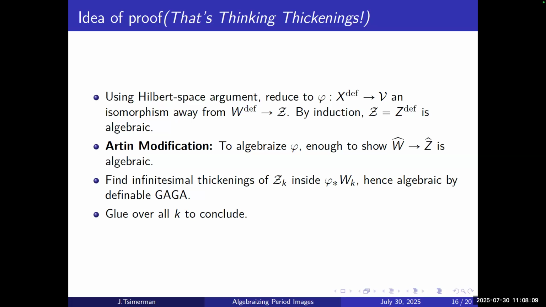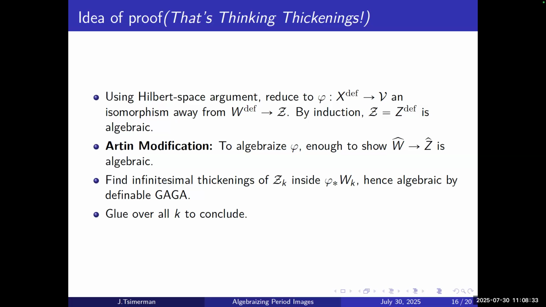And the point of this is exactly some sort of definable deformation theory. What you can do is you can push forward the algebraic and therefore definable analytic structure on W, and you can show that the structure on Z is some sort of definable analytic thing inside there. There's something to prove that it really can be found inside there, and it's not something else, but you can do that.